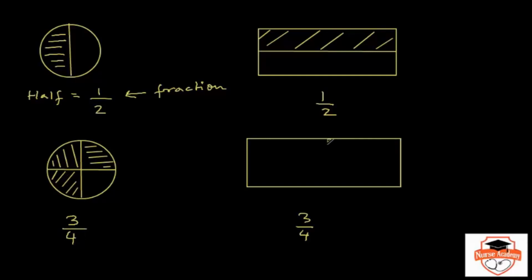Similarly for the rectangle, let's cut this into 4 equal pieces, and I'm trying my best to make them look equal, and then you're going to shade any 3 of those 4 pieces. I'm going to go for this, this, and this. The shaded portion represents 3/4 of this rectangle.